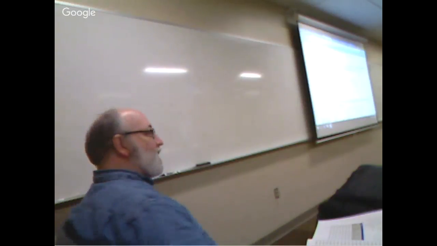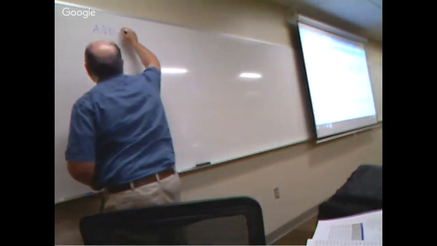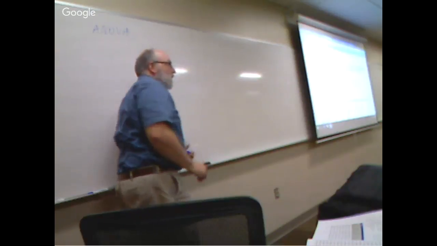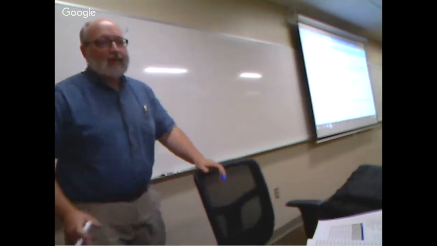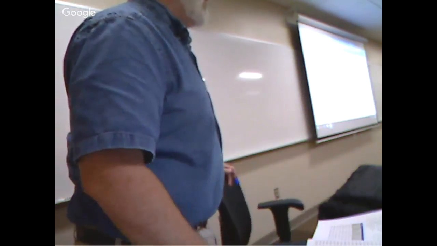As you can see, this is ANOVA. So when we say we're doing ANOVA, we have to ask the question, what kind of data is ANOVA talking about? Can somebody tell me what kind of data ANOVA is talking about?